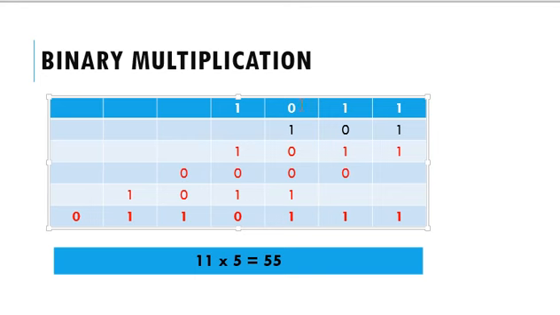So 1 and 1 here, we have 0, but we need to carry 1. It's not shown here, but there's actually a 1 in here instead of 0, because again 1 plus 1 is 0, carry 1.